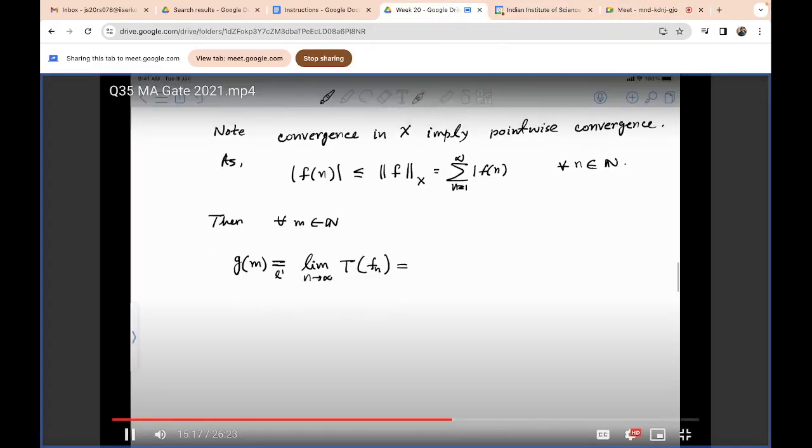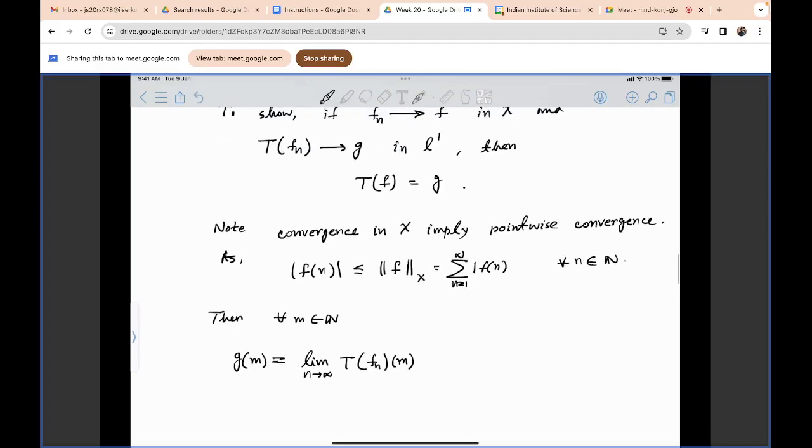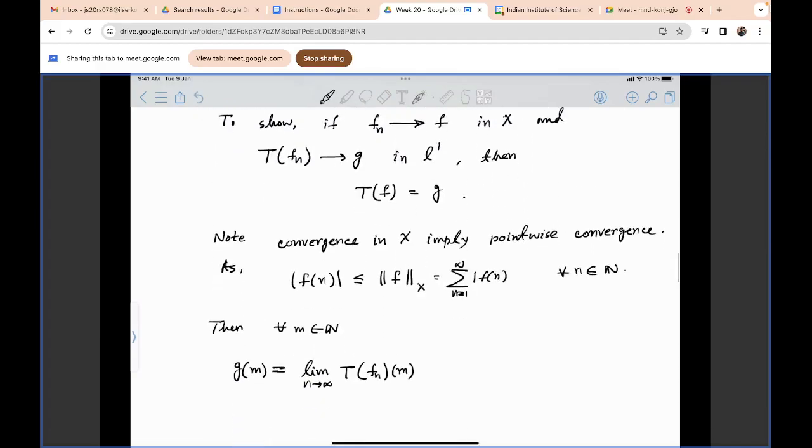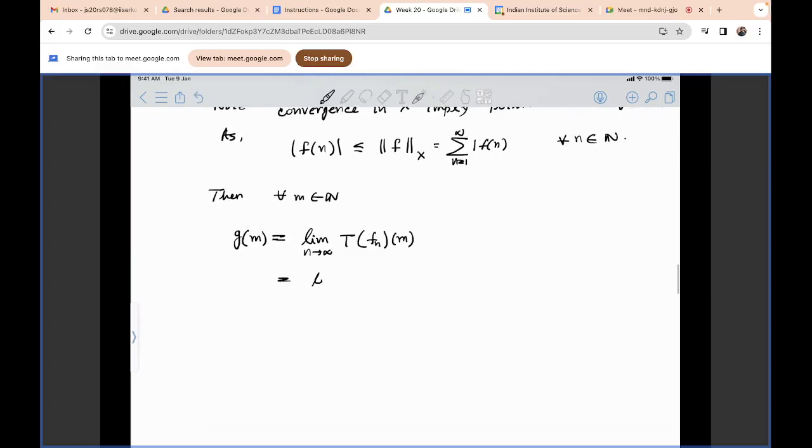Now what is the limit as n tends to infinity of T of fn? T of fn at the point m. Again, convergence in L1 implies pointwise convergence, so we can write g of m for each m, this will hold.